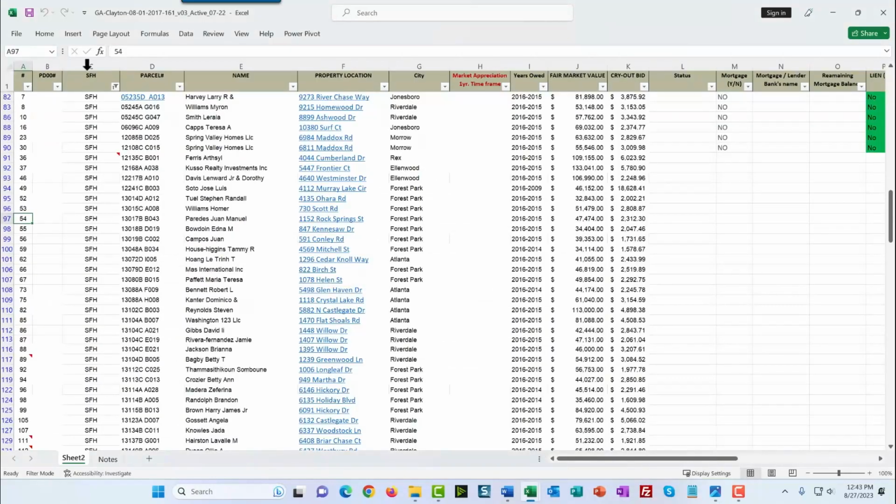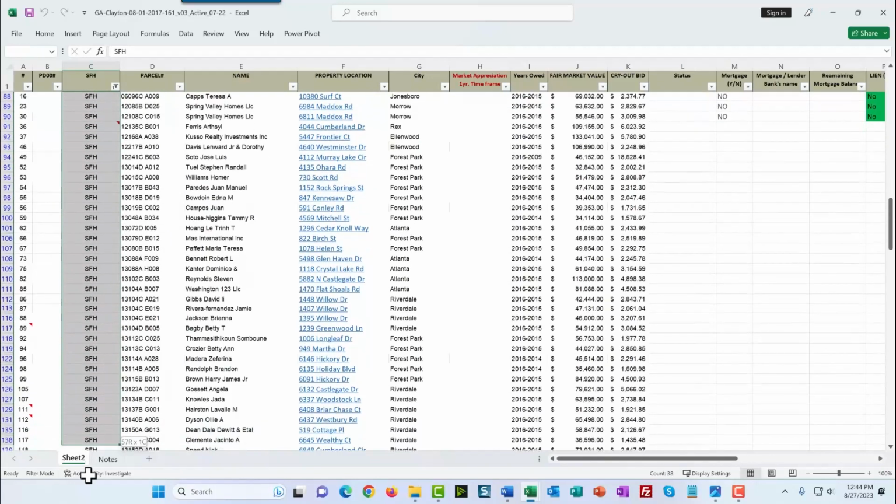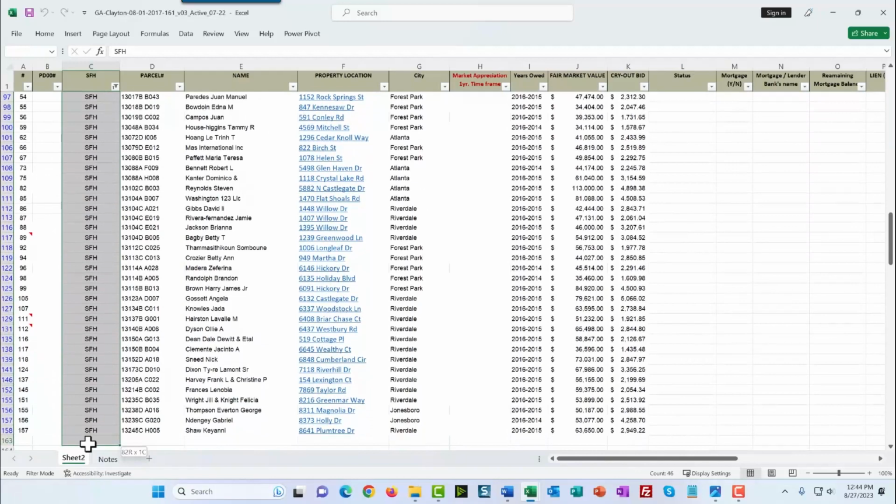The next thing I did is identify what the property is, and I pre-selected the single-family homes only. Out of 160 properties, we are now down to 46 single-family homes that went to sell on that particular day.